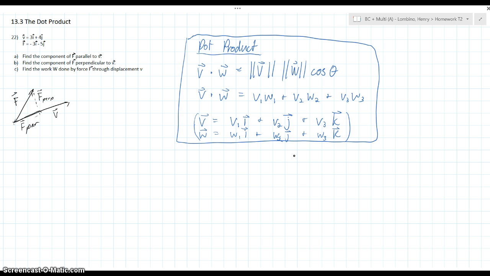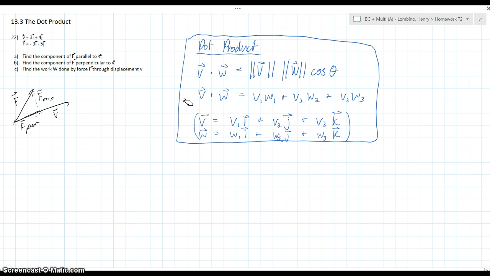The other definition is that the dot product of v and w equals v1 times w1 plus v2 times w2 plus v3 times w3, where v1, w1, v2, w2, v3, w3 are the different scalars of the i's and j's in those vectors. So in this problem we're mostly going to be using the algebraic definition. So let's look at that.